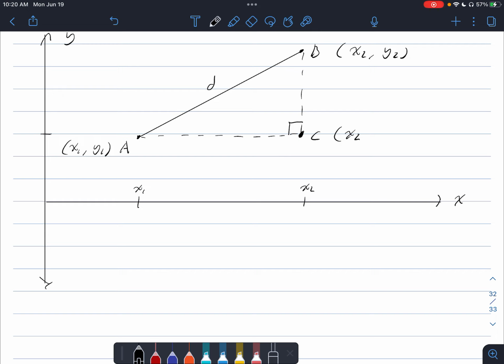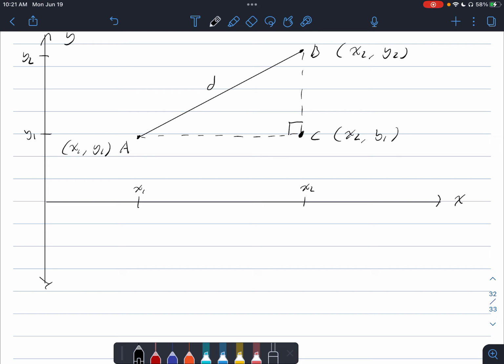A is also going to have y1, and B is going to have y2. So C is going to have the same x coordinate as B, and it's going to have the same y coordinate as A. Okay? So C has coordinates x2 and y1.